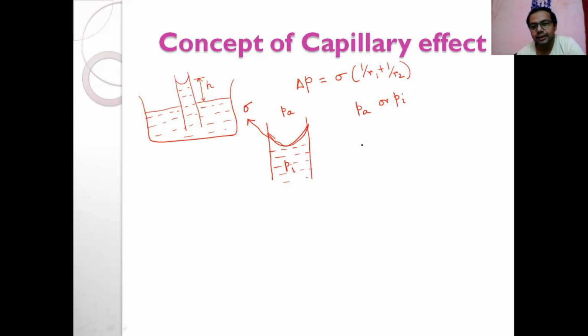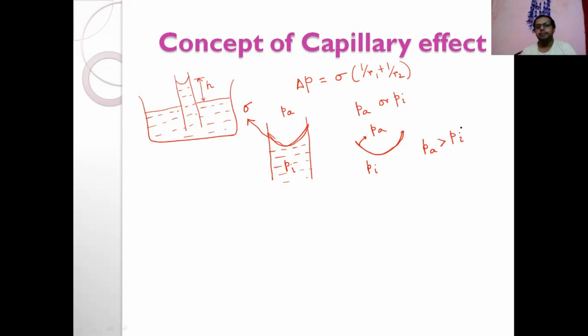In this case, again the concept, this is your interface. Here, the concave portion has pressure Pa, and the convex portion has pressure Pi. So definitely Pa is greater than Pi.